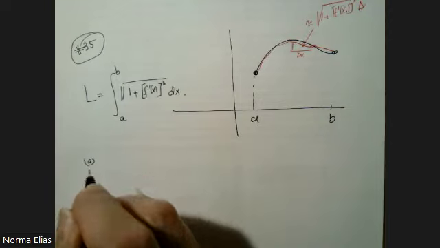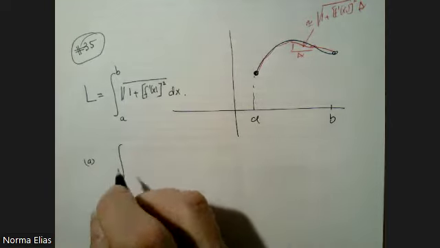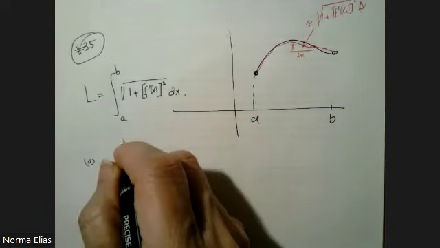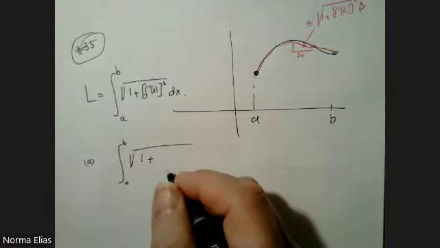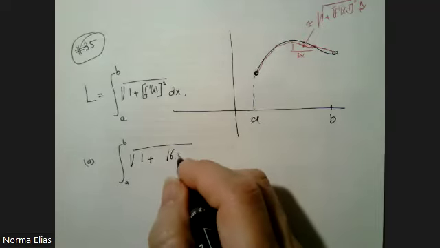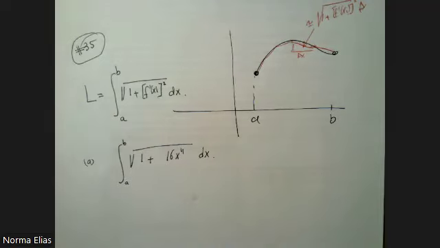They give us the following integral, from a to b of the square root of 1 plus 16x^4 dx. And the question is, what function has this arc length?